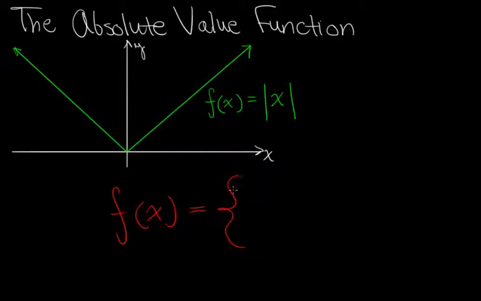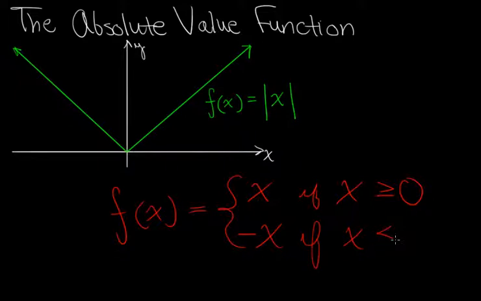So we could think of it as f of x is equal to, or y is equal to x, if x is greater than or equal to 0. And then below 0, we have y is equal to negative x if x is less than 0, right?